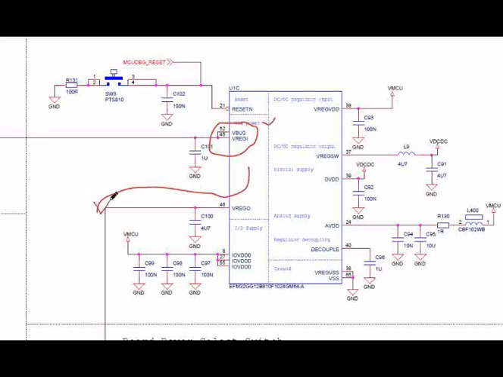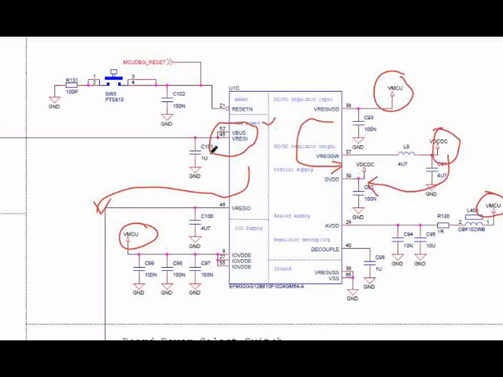This will be given to the peripherals of the board, for example to IOVDD and also to AVDD. This is also fed back to the DC-DC regulator input, and we get VREG SW. This is the DC-DC regulator section, and the output is VDC-DC, which feeds the DVDD section.